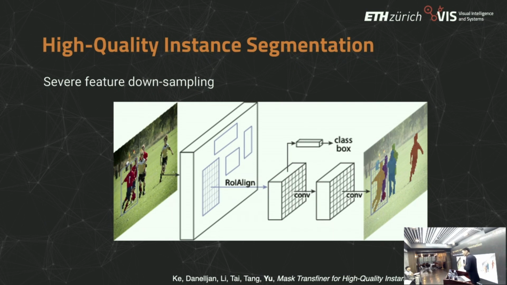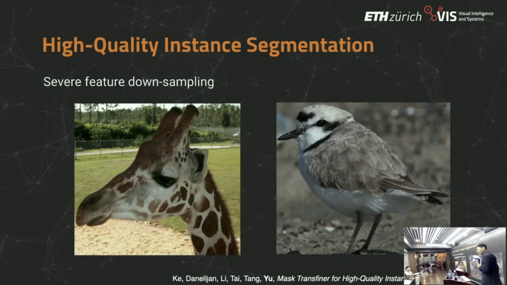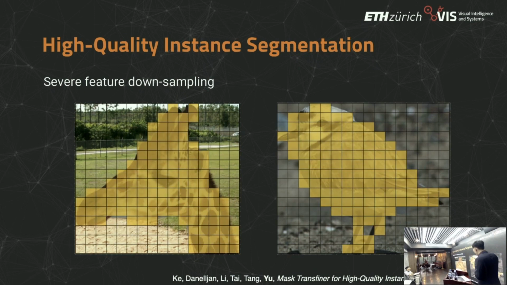And this feature is usually 14 by 14 or 28 by 28. Essentially, it looks like this. Let's say we have an image like this, and we already extracted the object like this. What we do is we first divide the image or the ground truth into 28 by 28, and also downsample the ground truth annotation.